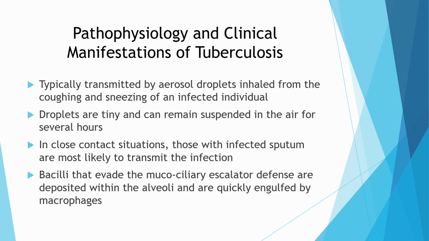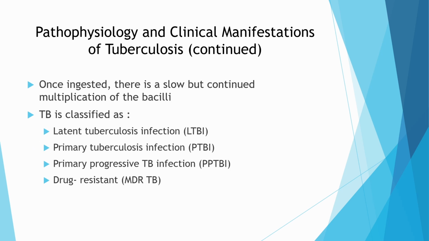Bacilli that invade the mucociliary escalator defense are deposited within the alveoli and are quickly engulfed by the macrophages. Once ingested, there is a slow but continued multiplication of the bacilli. So, TB is classified as latent tuberculosis, primary tuberculosis, primary progressive TB infection, and then drug resistant.